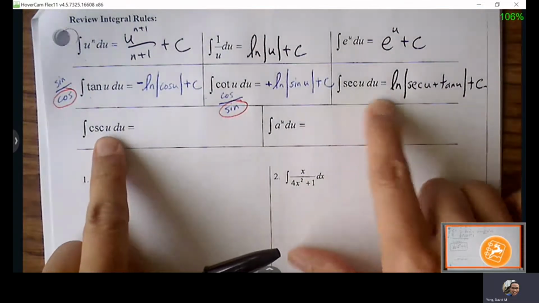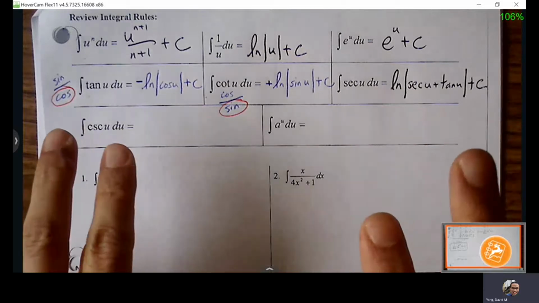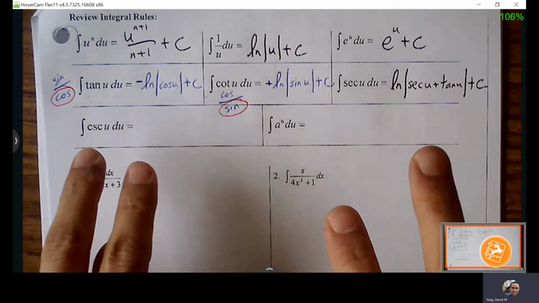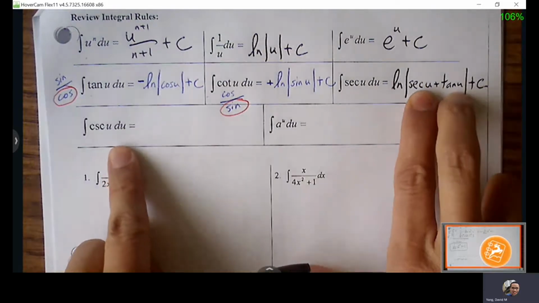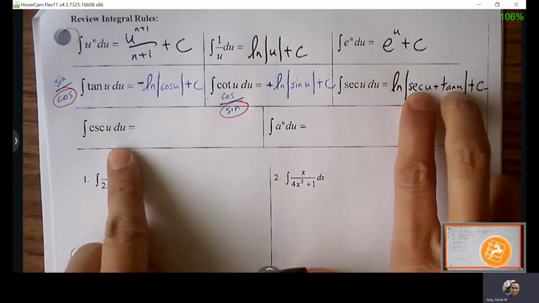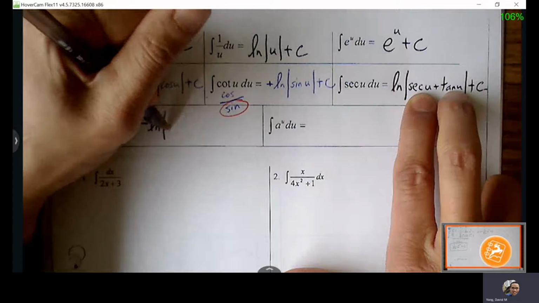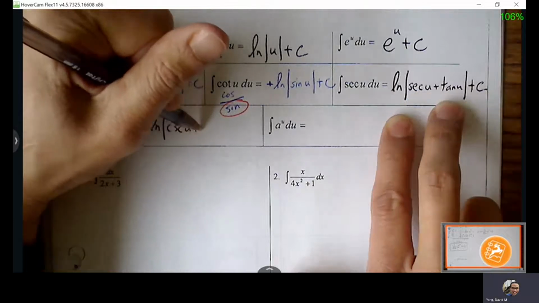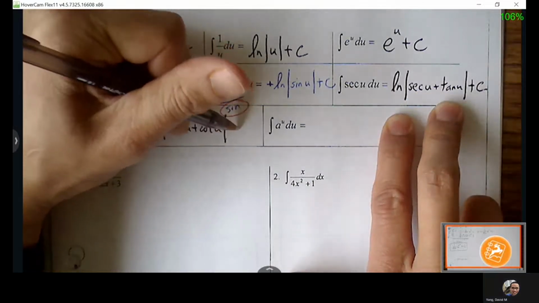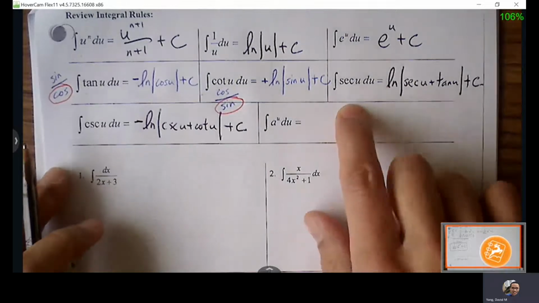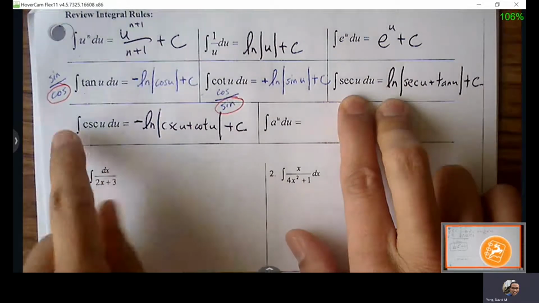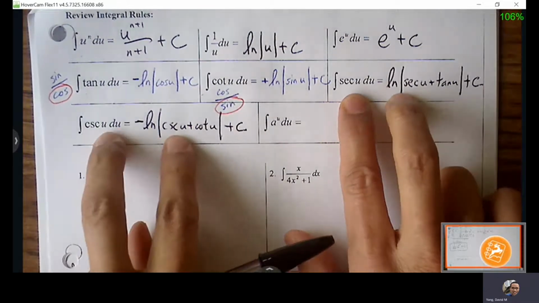Cosecant has a similar pattern. We associate cosecant and cotangent, so it has a similar form. It's just cosecant plus cotangent, and then a negative in front. Secant we associate with positive, cosecant we associate with negative, so that still stands.